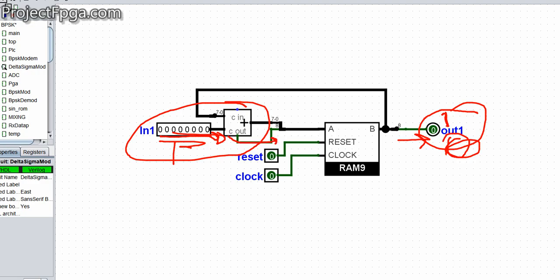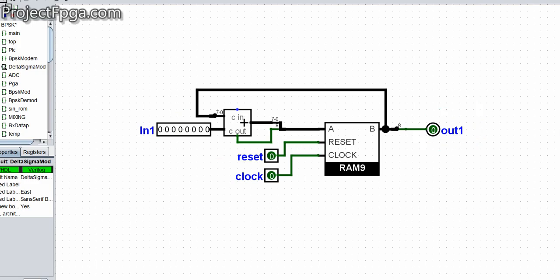It will take a longer time to get a 1. If you're having a higher value here, that means you'll be getting much overflow at the end of the addition. Between these two, there will be enough overflow, so you'll be getting more 1s here. So that is basically how this delta sigma modulator works.